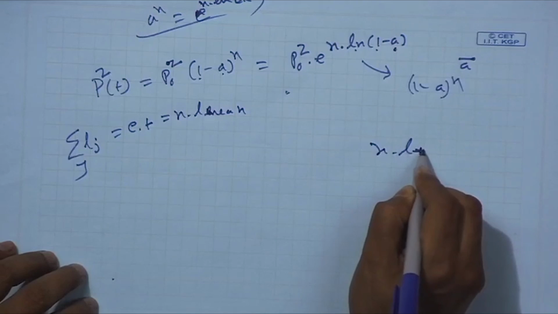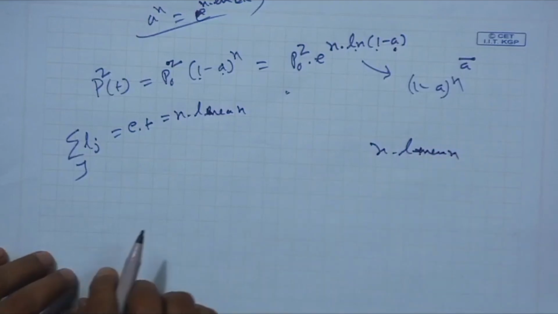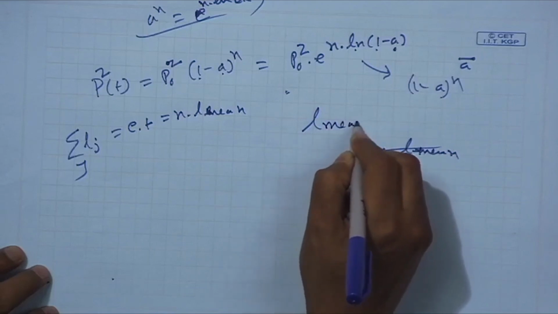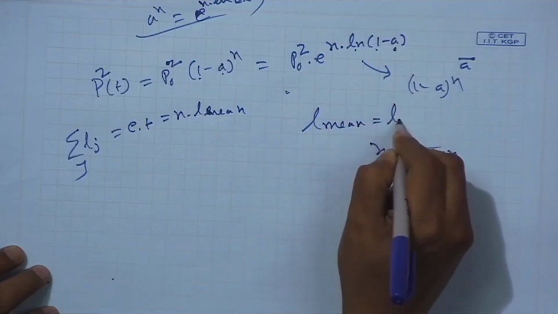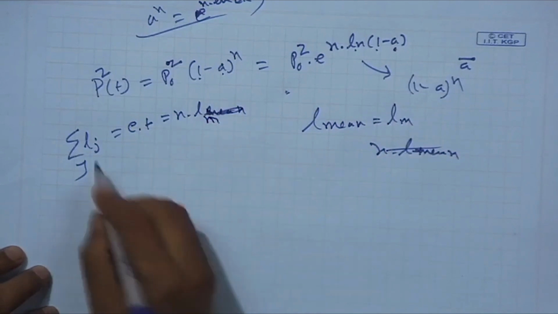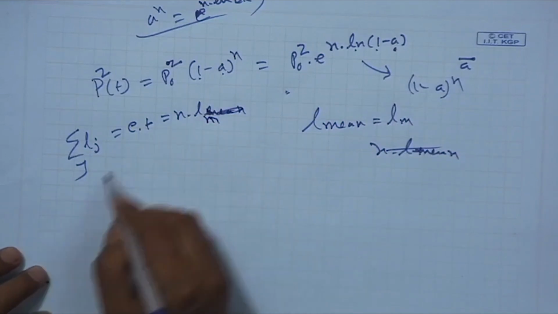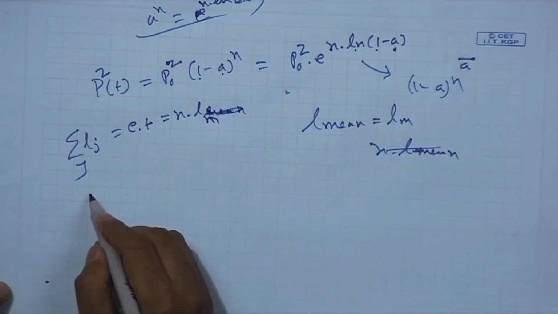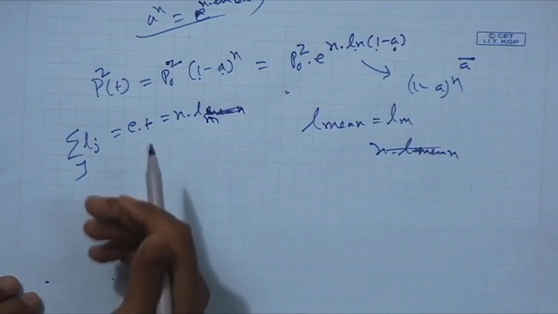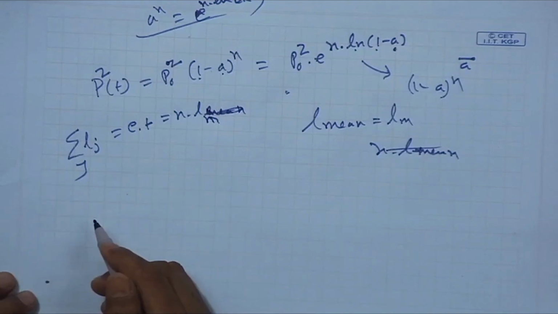So, if it is reflected n times, it is n into L mean, which is nothing but c into t, the total time taken multiplied by c.